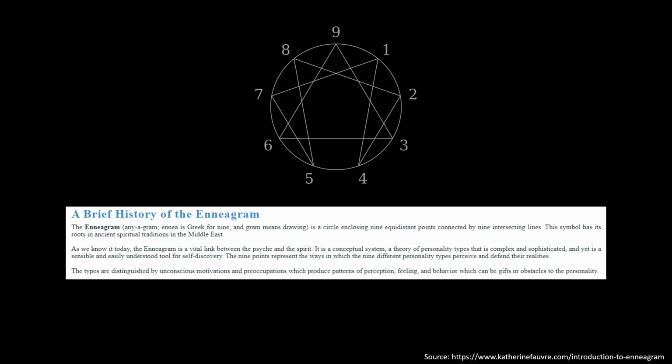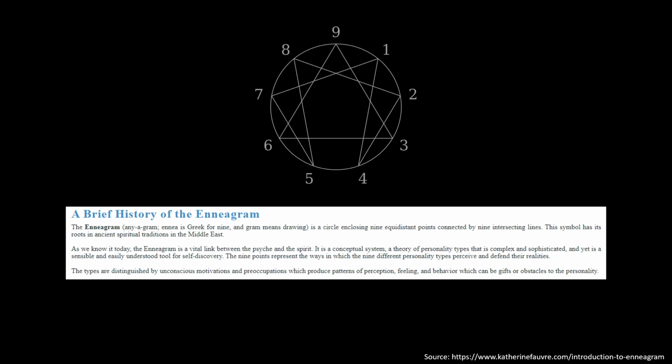Feelings and behavior which can be gifts or obstacles to the personality. So the Enneagram is like a culmination of our basic fears, basic desires, and how these concepts come together to create the ego fixation and the core motivations, and how those further develop to include your feelings, behavior, perceptions, etc., and your gifts and obstacles.